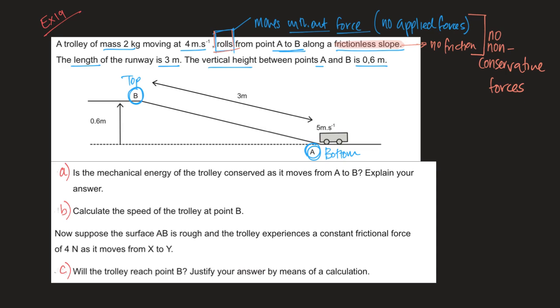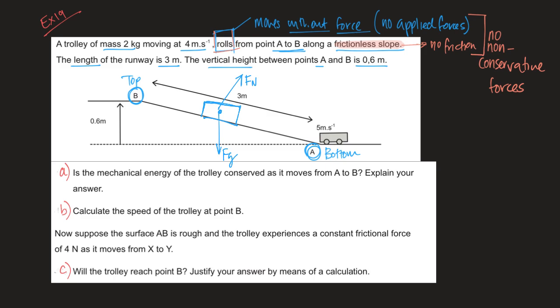We're just going to use the word rolls as telling us that it's moving without a force. Essentially, if I put this cart on this slope and it was rolling upwards, the only forces acting on it would be Fg and then Fn.